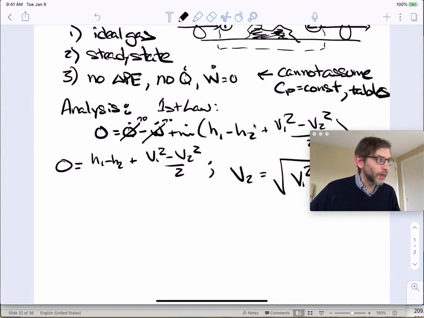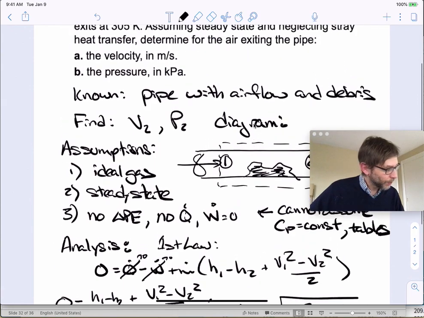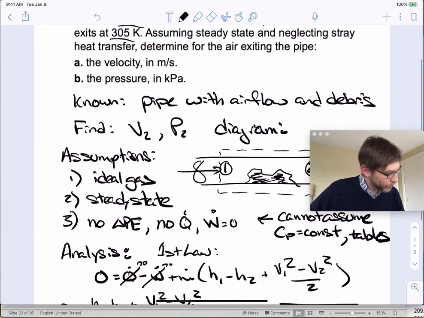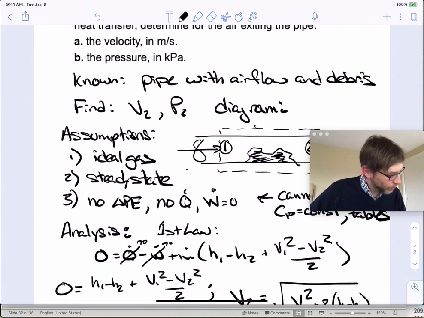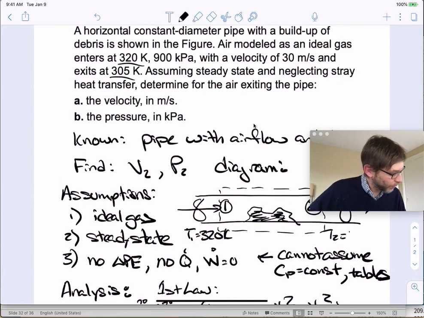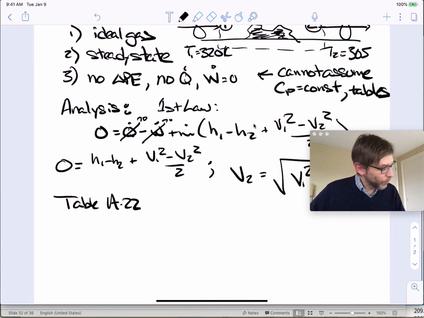If we look up table A22, we know the temperatures are given: T1 equals 320 K, and T2 is equal to 305.